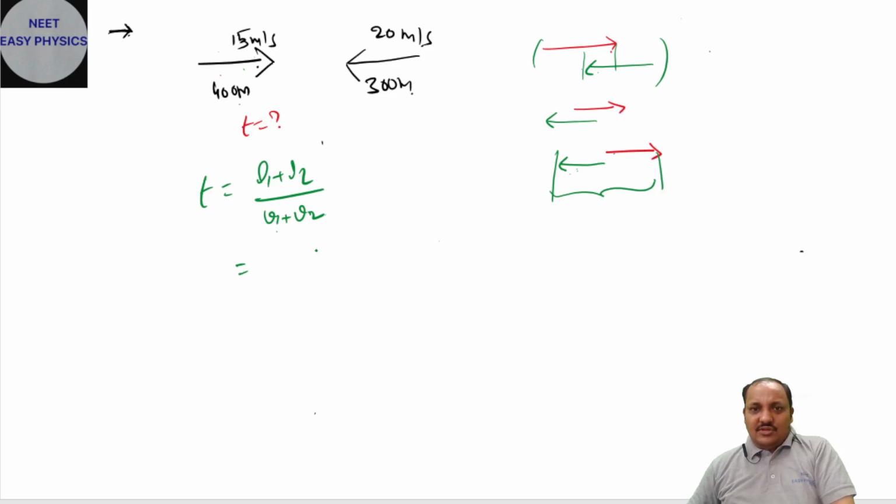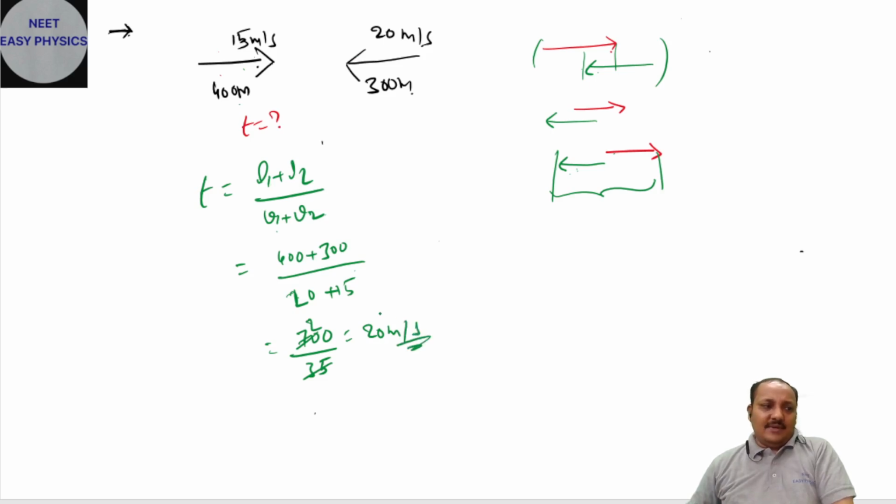Now, total length 400 plus 300 by 20 plus 15, that is 700 by 35. 35 will be cancelled 20 times. 20 meters per, sorry, 20 seconds. What is the unit of time? We are calculating time, not velocity. Therefore, 20 seconds, correct? This is how we are going to get it.